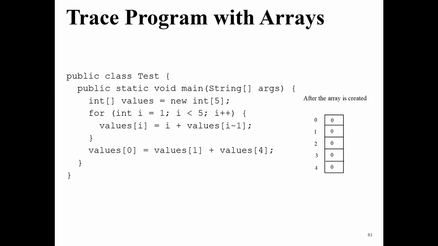Take 2 minutes and give me the content of the array by the end of the execution. Work in teams if you would like. We start with 5 elements: 0, 0, 0, 0, 0. After this program is running, what is the content of the array? Take 2 minutes.